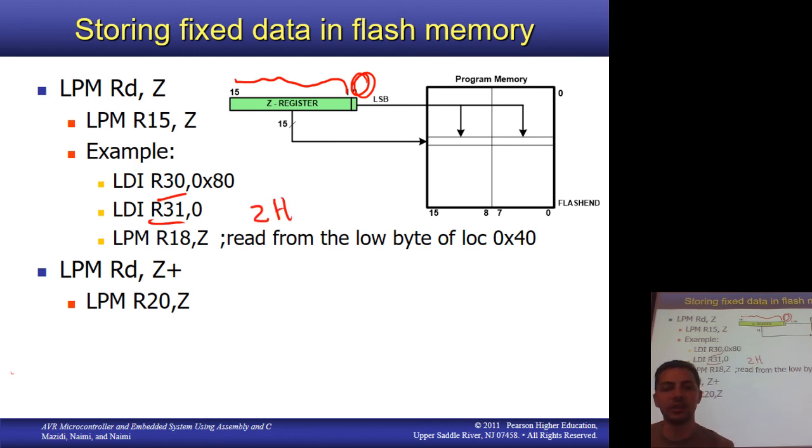This is ZH and ZL. You can always tell because the higher register is going to be the high order byte.